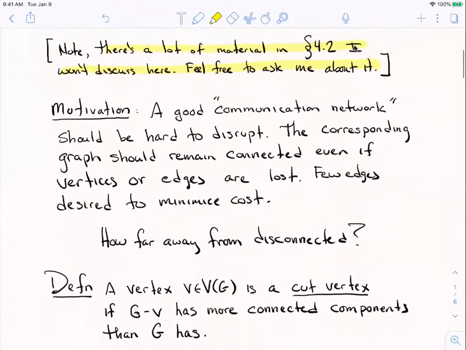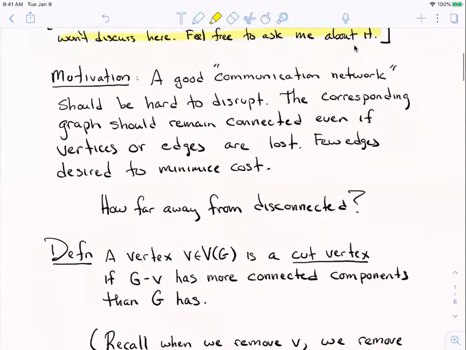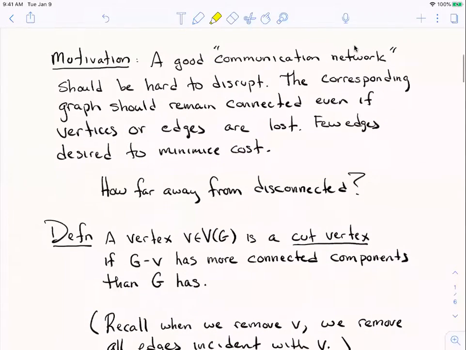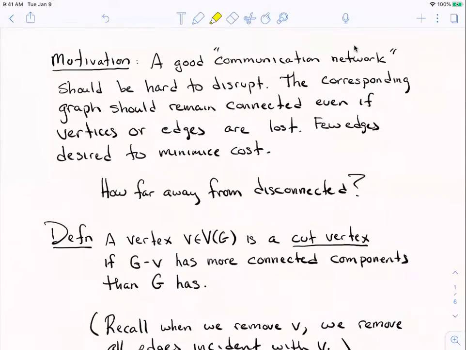Just to motivate why we're talking about connectedness. One of my favorite graph theory authors is a guy named Doug West. He's at Urbana-Champaign. And he starts his section in his textbook on connectivity by talking about networks, communication networks. And that's a very broad idea. Maybe it's a computer network. Maybe it's a network of people hooked up by some kind of communication device.